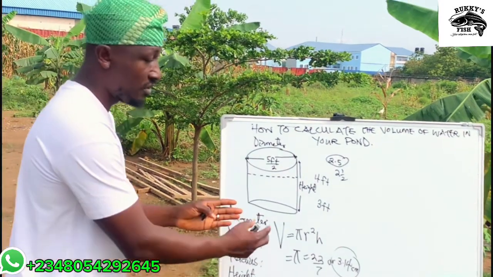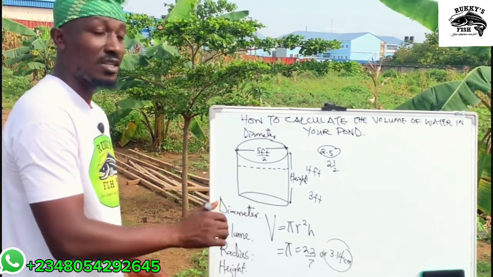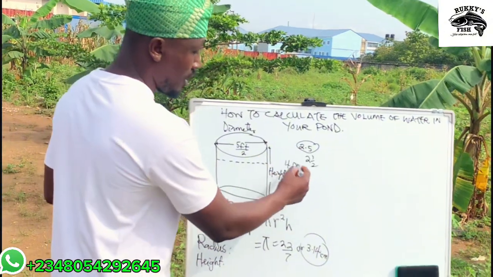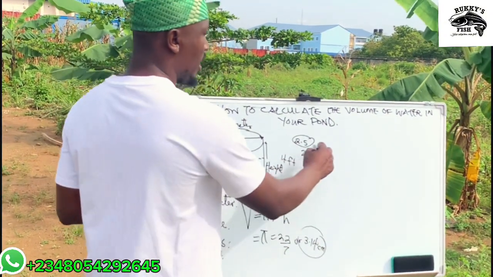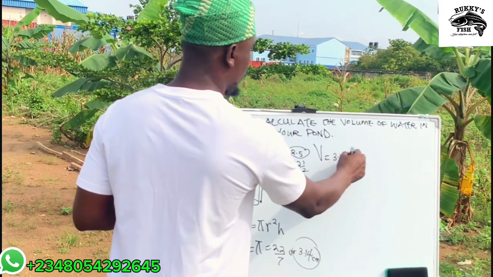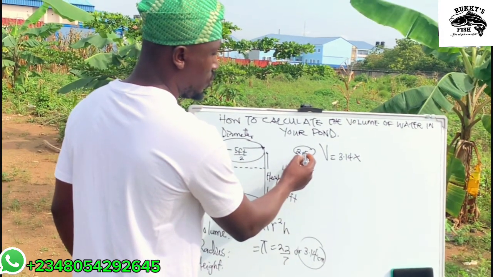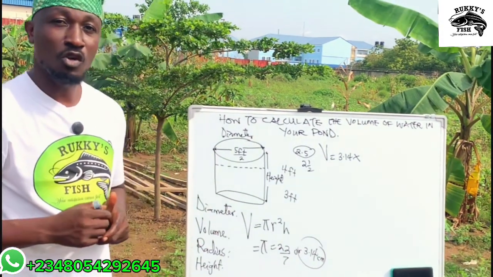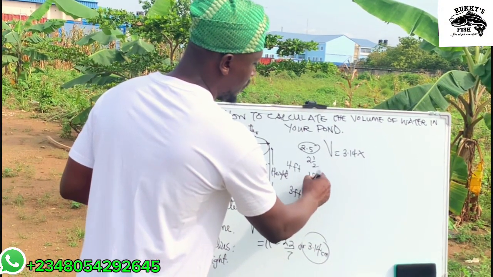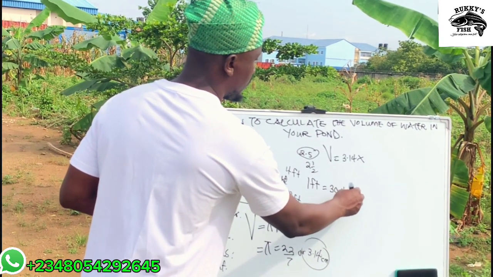I'm establishing all of this so as to have a foundation that will lead us to calculating effortlessly. So with this formula, we already have our radius as 2.5. So we go ahead and say volume, because we are looking for volume, is 3.14 times radius. The radius now is 2.5. Remember, when you're converting, 1 foot is equal to 30.48 cm.